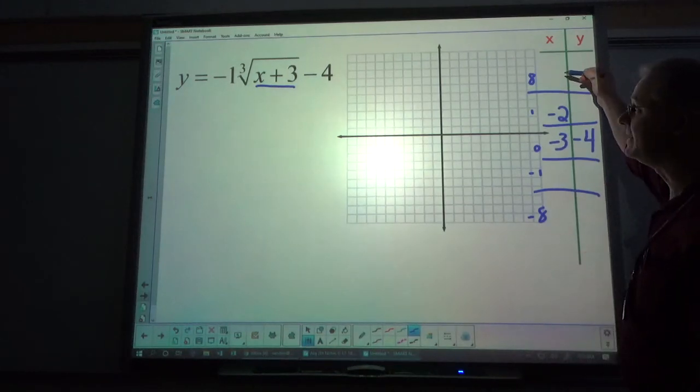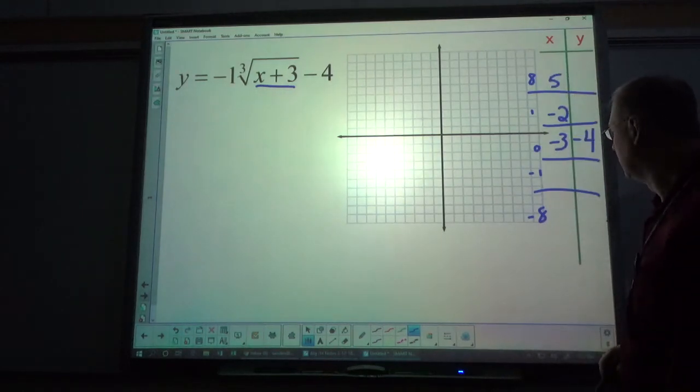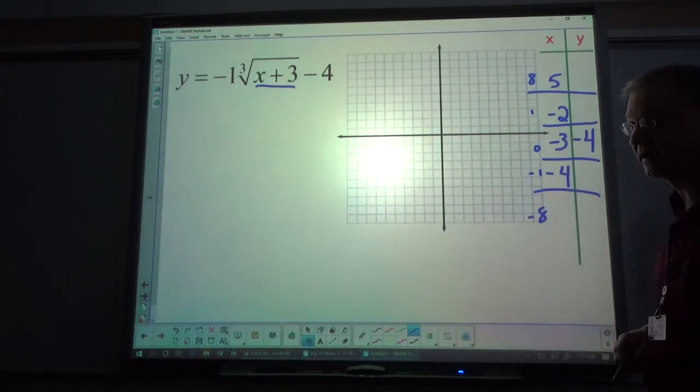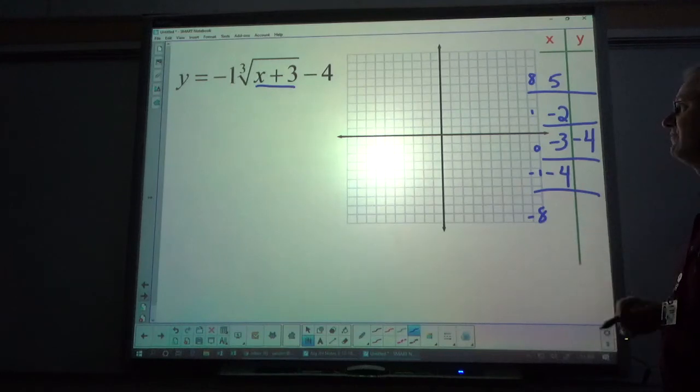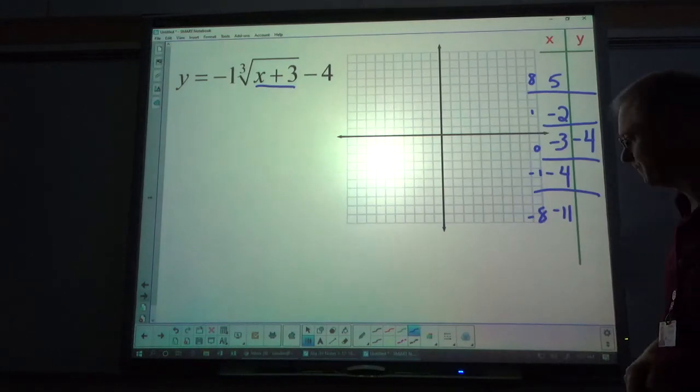What makes 8? What plus 3 is 8? 5 plus 3 is 8. What makes -1? -4 plus 3 is -1. What makes -8? -11 plus 3 is -8.